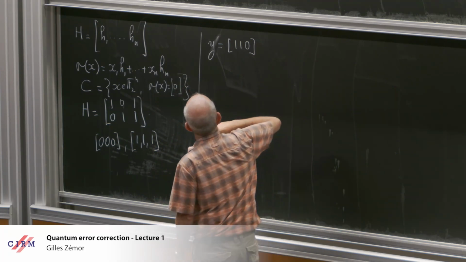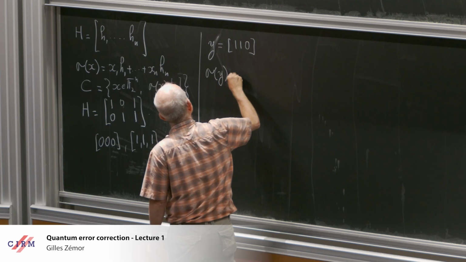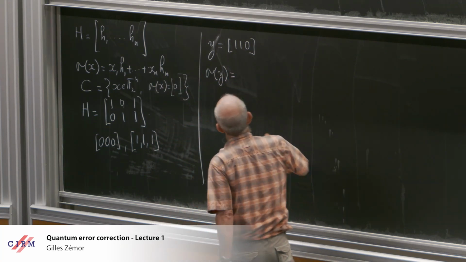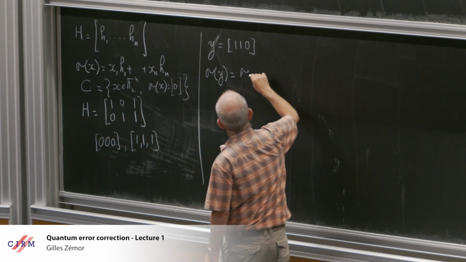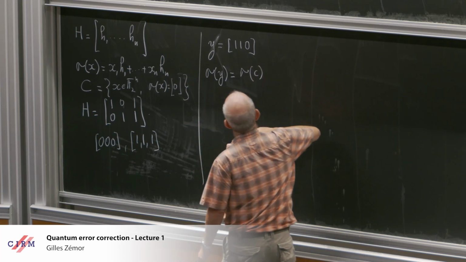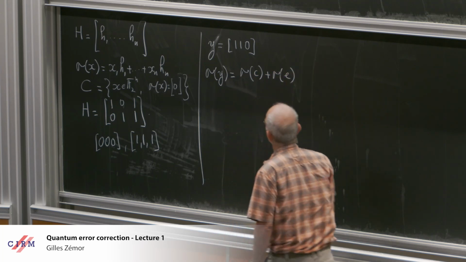Say you receive y, what could you do? You can compute the syndrome of y. Now the syndrome is a linear function. So if y is a code word plus an error vector, this is always going to be syndrome of c plus syndrome of the error vector e.